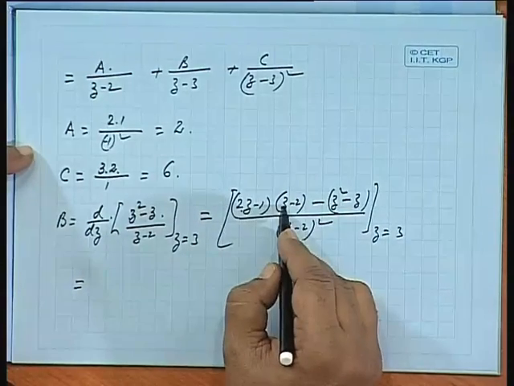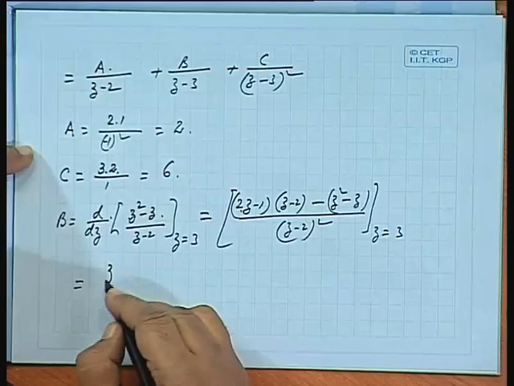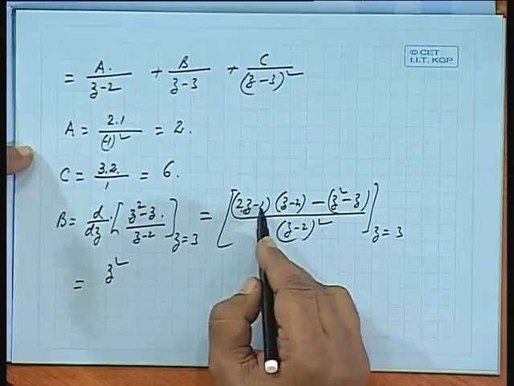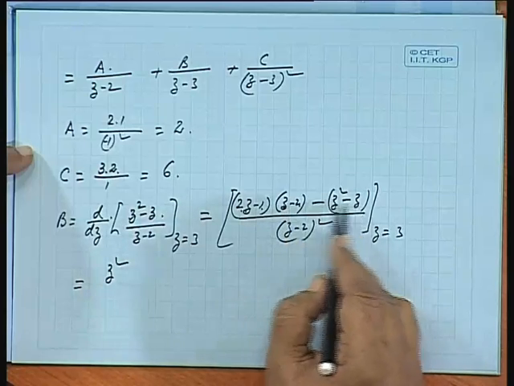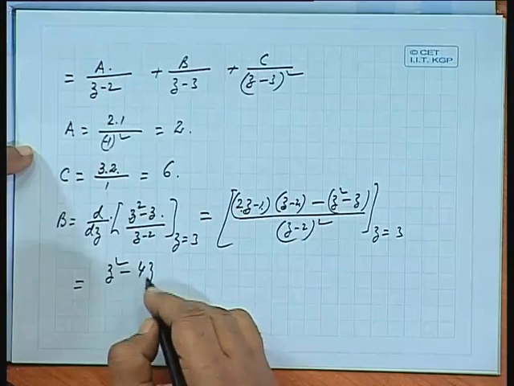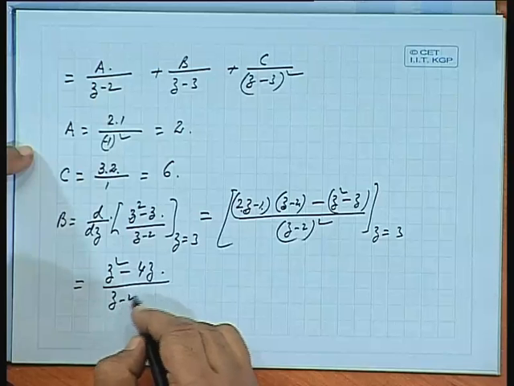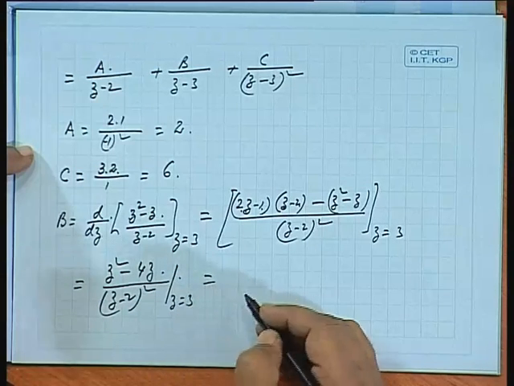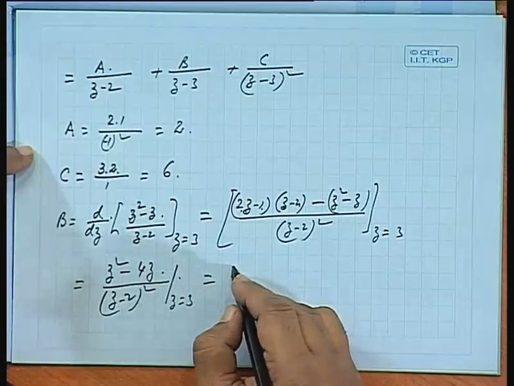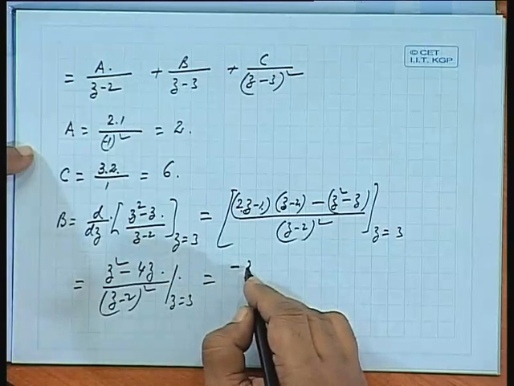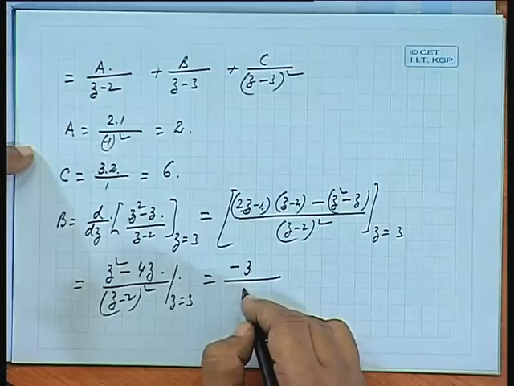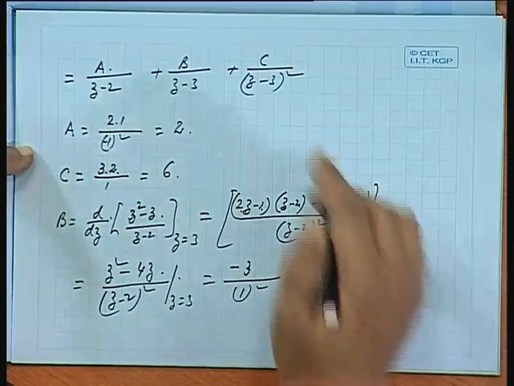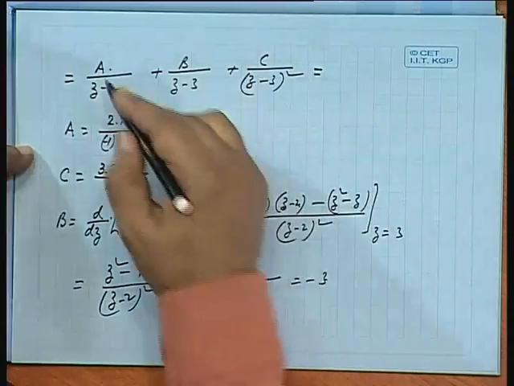So, 2z squared minus z squared, that is z square, 2z into 2, 4z, minus 2z plus z, so z squared minus 4z plus 2... is that so? By z minus 2 whole squared, evaluated at 3. So, that gives me 9 minus 12, so minus 3 divided by 1 squared. So, minus 3. Okay. So, we have got these 3 values.